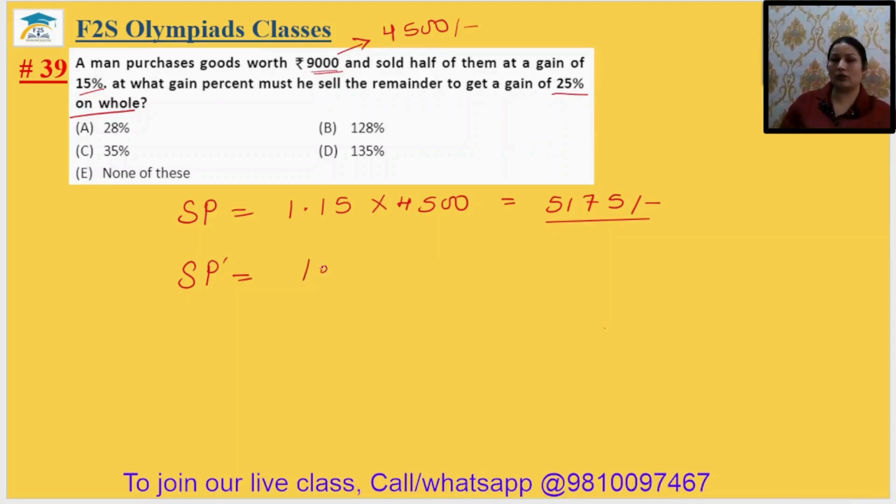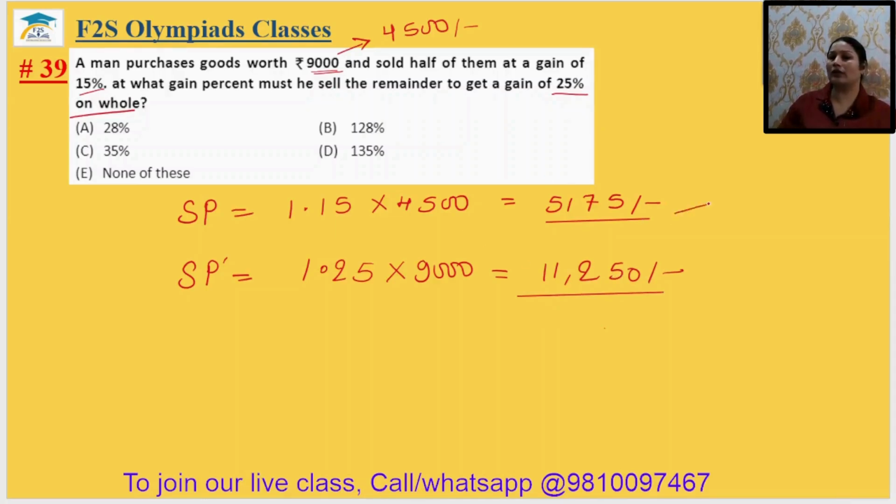So this will be 1.25 multiplied by 9,000. So this becomes 11,250. Actually, he wants to earn this money after selling this.